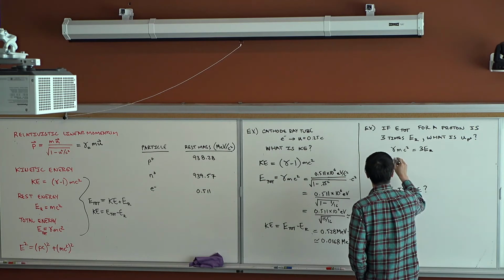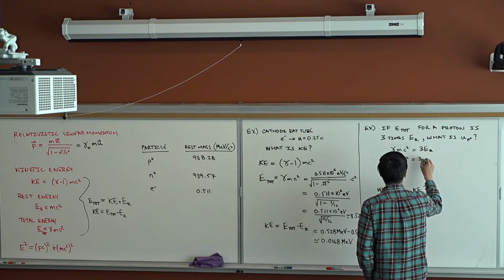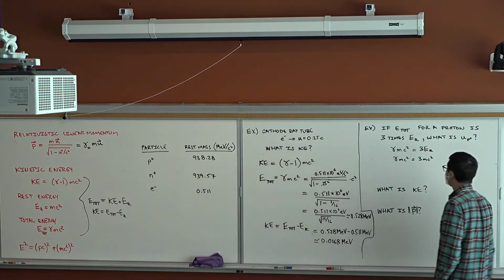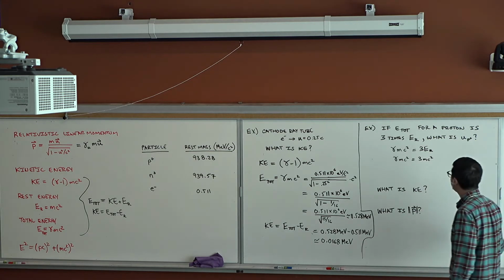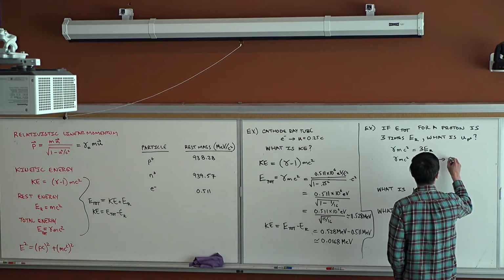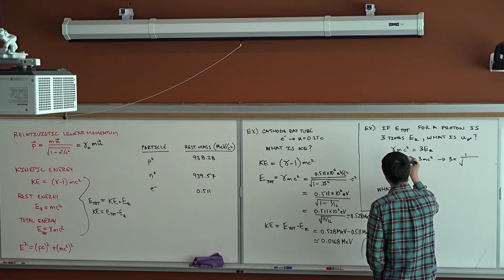We can write this as gamma mc squared is equal to 3 mc squared, because the ER is mc squared. And so the mc squareds go away, right? And so we can say that 3 is equal to gamma u, right?